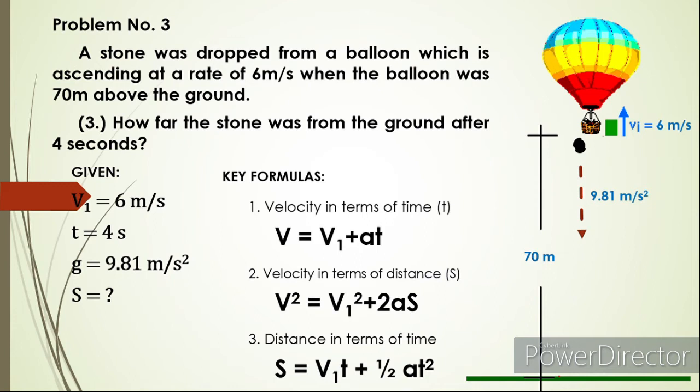We're looking for S. How far was the stone from the ground after 4 seconds? Ayan, since given naman yung V1, given yung time, given yung acceleration, therefore we could use formula number 3, which is S is equal to V1t plus 1/2 AT squared.